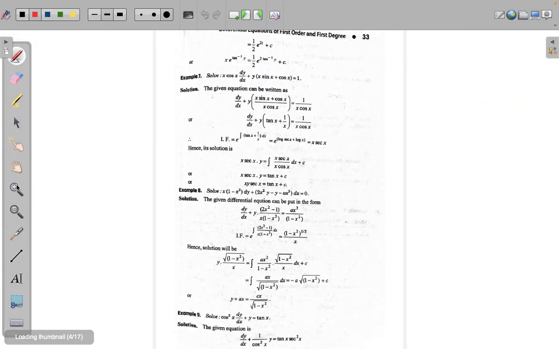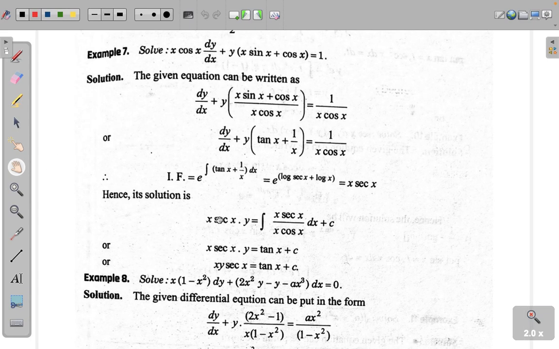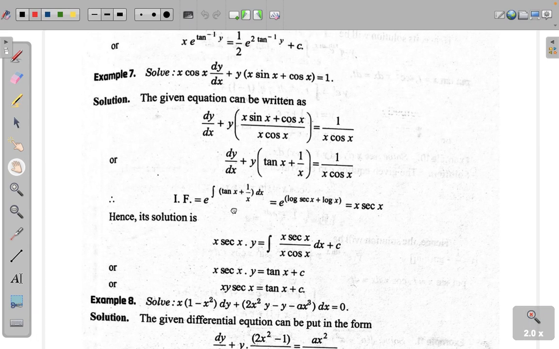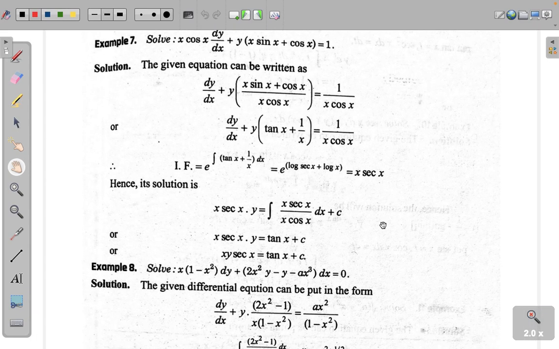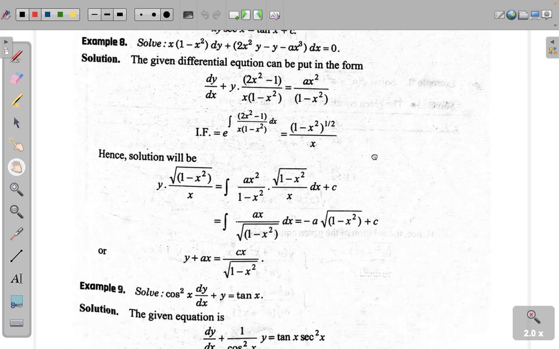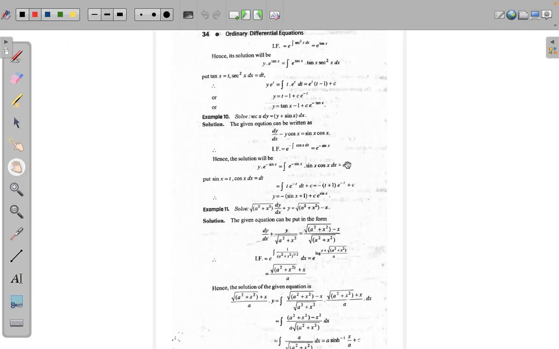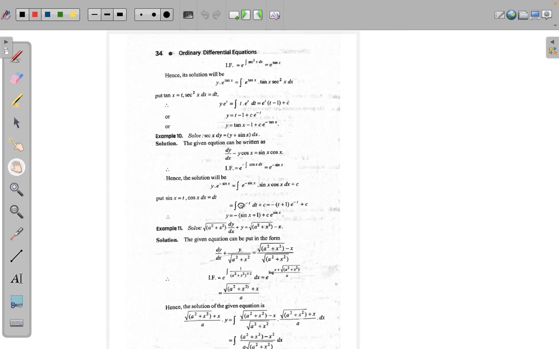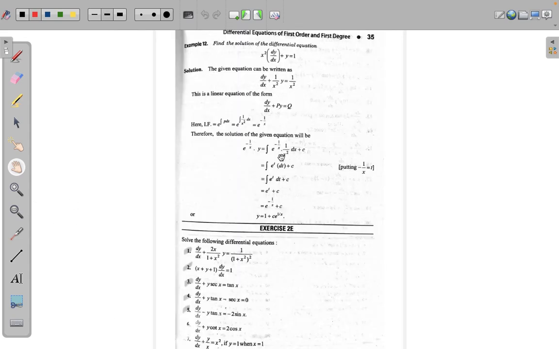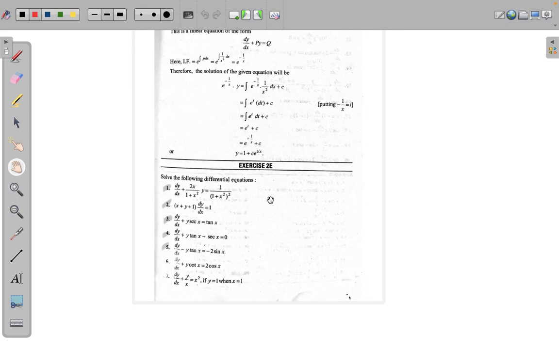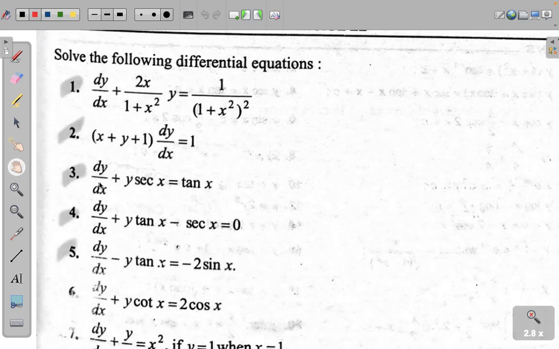Okay, I have already solved the rest myself. There are more questions, which you can see yourself. Okay, practice. Then we have this, and we have this. Then we have some exercises here.